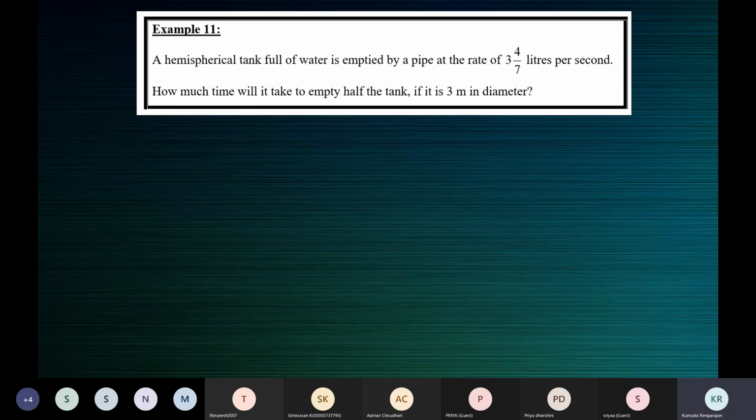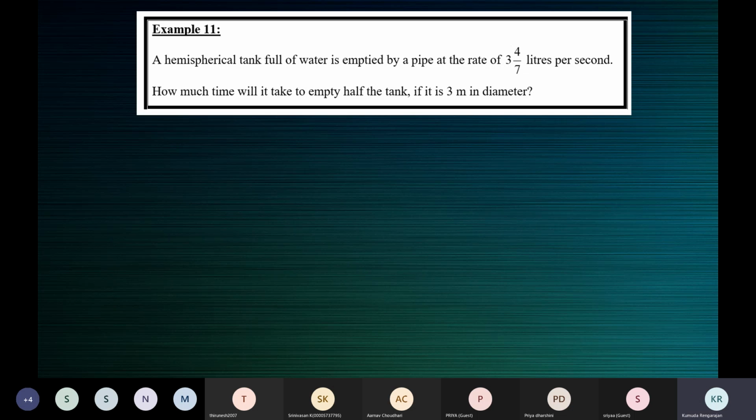Now, maybe the tank is completely filled with water, but they just want to empty half the tank, meaning half the volume of the tank. How long will that take? That's always the question.